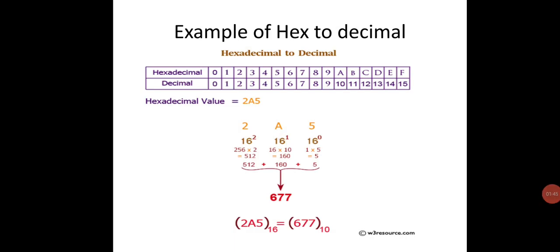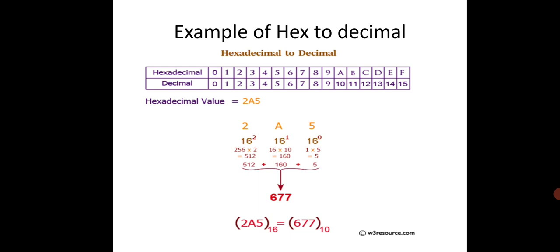You can see this example of hexa to decimal, that is hexadecimal to decimal number system. The hexadecimal numbers are given from 0 to F and the decimal number system is 0 to 15.